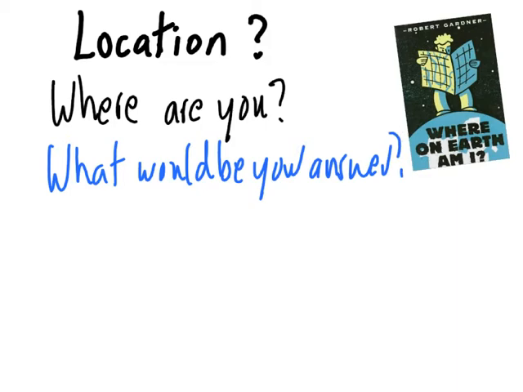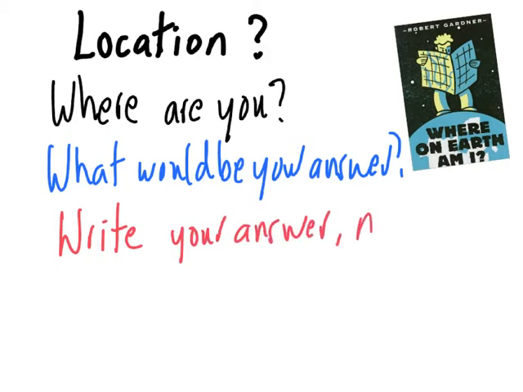If I ask you the question, where are you? What would you say? I think the best way to do that is to actually write your answer down right now. Write down on a piece of paper where you are.